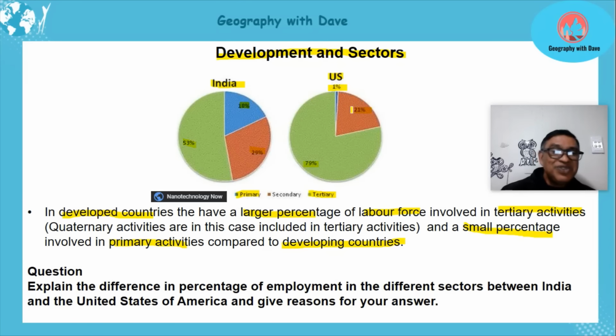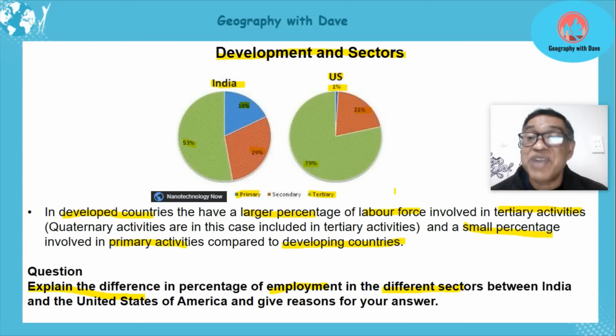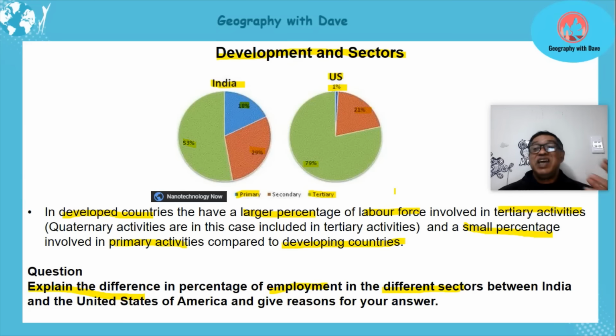All right. I just threw a question here, learners. Explain the difference in percentage of employment between different sectors, between India and the United States. And we just discussed that. Can you see I'm phrasing it in the question? That tertiary in the United States is higher compared to India, whereas in India, the employment is higher for primary compared to the United States. And give reasons for your answer.